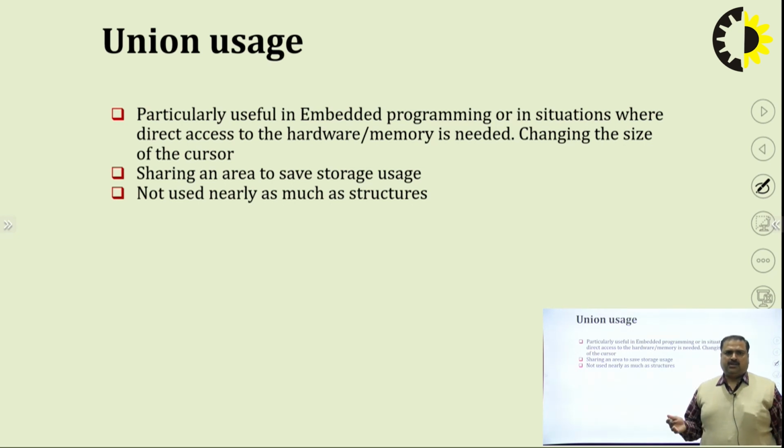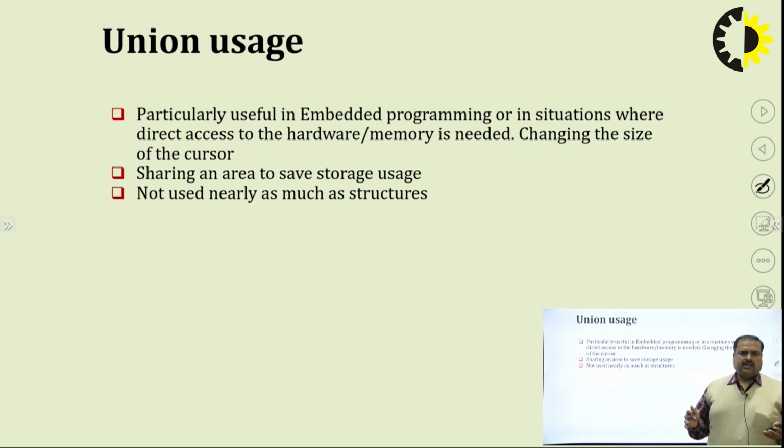It is generally useful when we are performing embedded programming, in some situations where direct access to hardware or memory is needed, like for example changing the size of a cursor, where only one kind of cursor is used at a time. Different types of values may be required, but only one will be valid at a time.